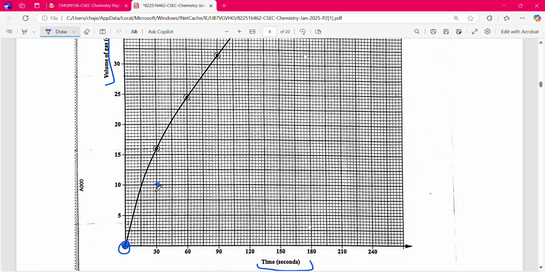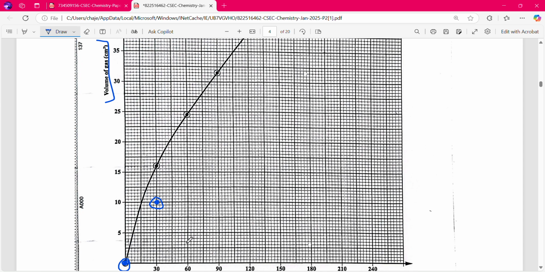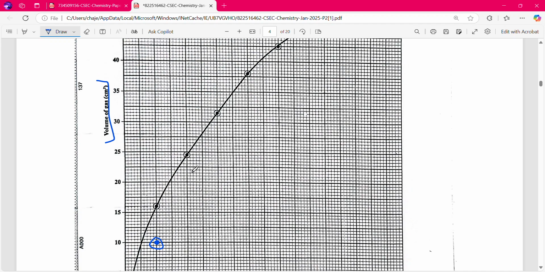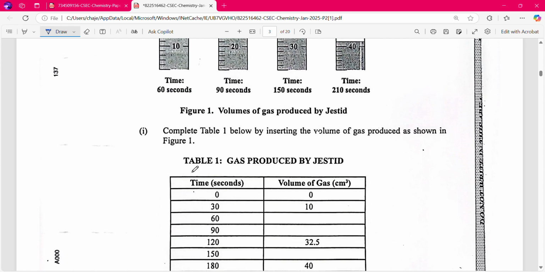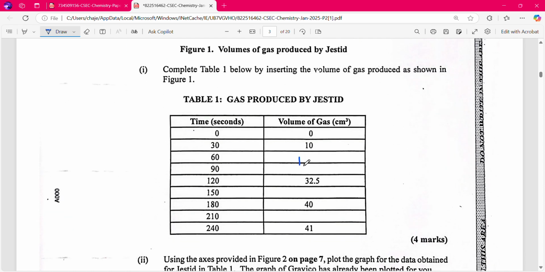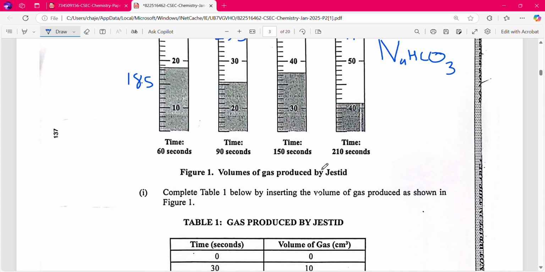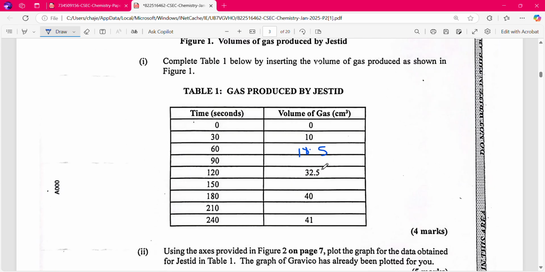Know that I'm using similar points to what they used. Alright, next. What's the next one? 60 to what? Oh, it's here. So 60 would have been 18.5. My bad. Let me just write it in. I think it was 18.5, 25.5, 27.5.